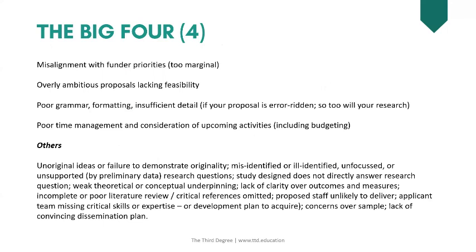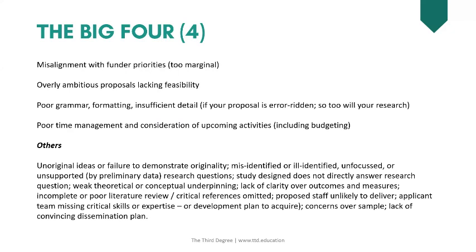But at the end of the day, if it's not a significant overlap with what they need, it's not going to work. Second, if your proposal is too ambitious and it lacks feasibility, it's unlikely you can successfully complete this within the time frame or with the resources they are offering you. Then yeah, it's not going to work out.